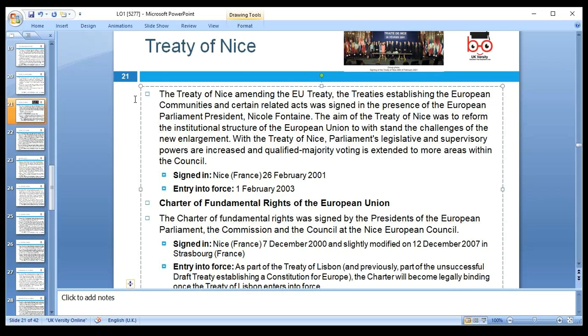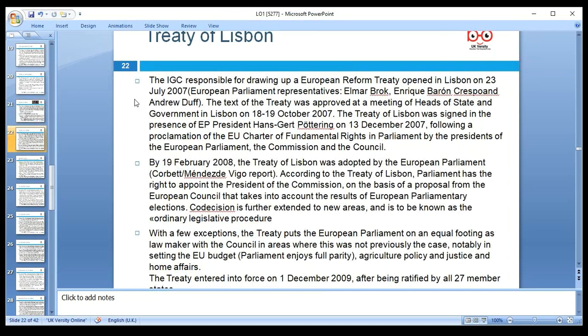The aim of the Treaty of Nice was the reform of the institutional structure of the European Union. That's why you will see a lot of changes happen within the UK as well, like in the mining industries and various other legislation.